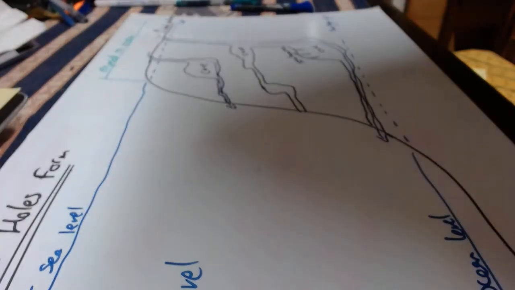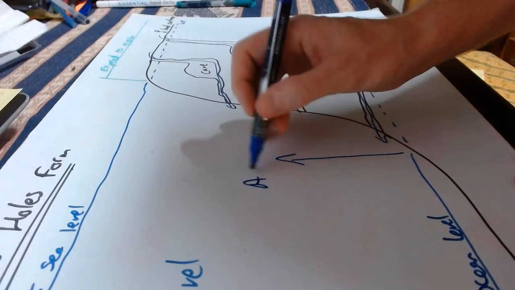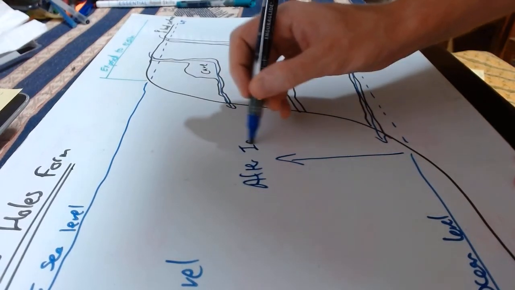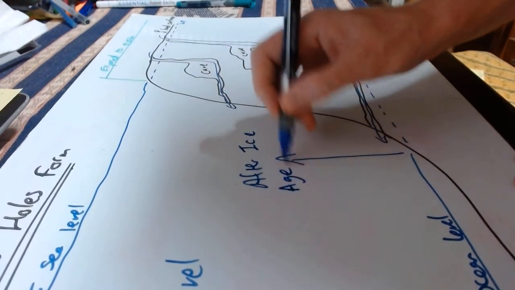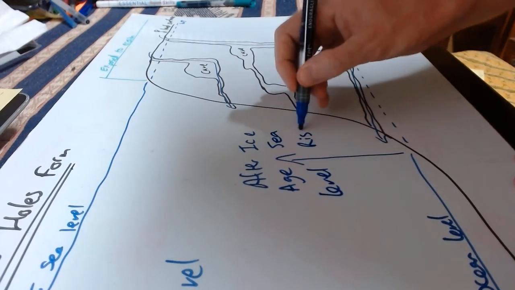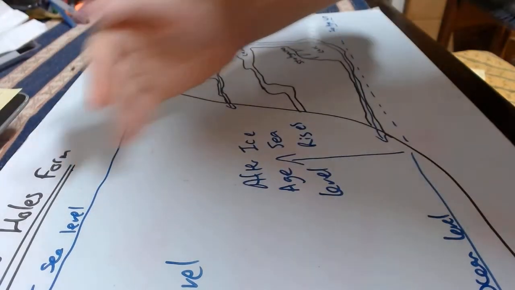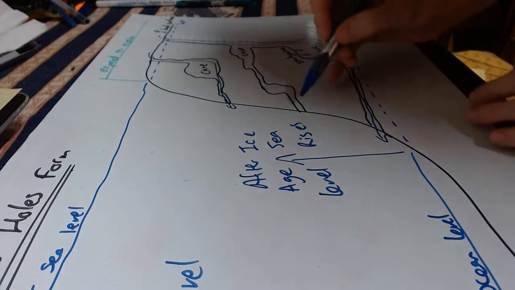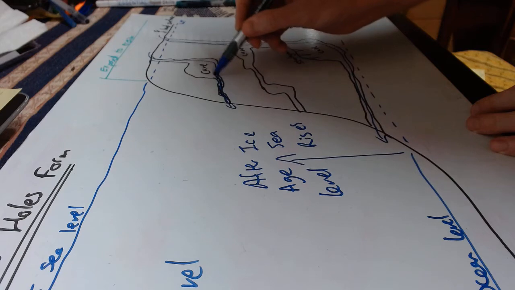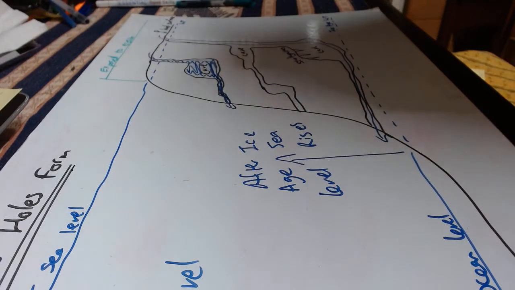Now in the opposite, after the ice age, after ice age, sea level rises to where it is presently. So now all of these are full, they're flooded with water.